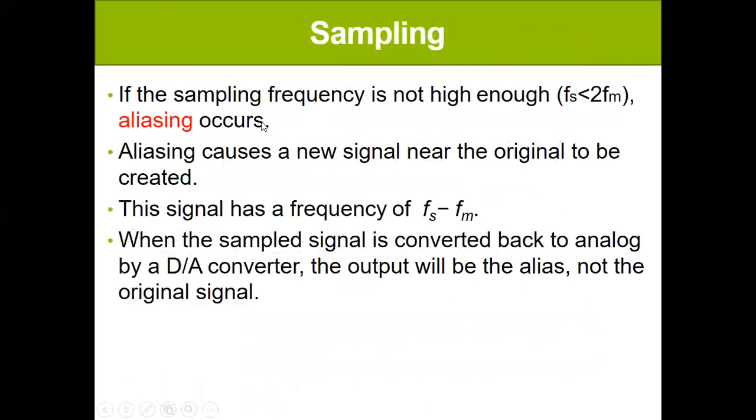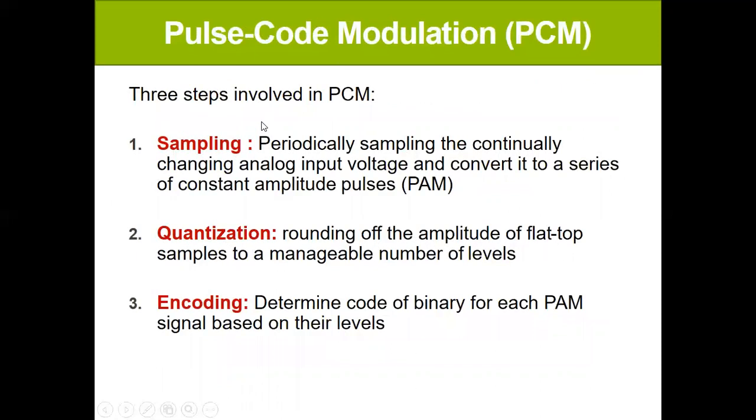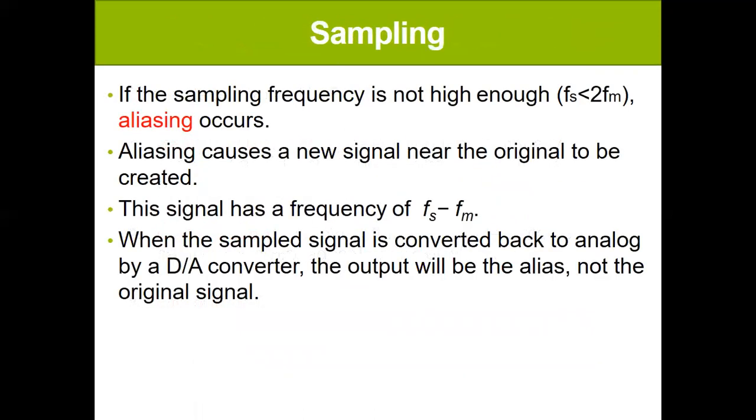So for the sampling, there are three stages: sampling, quantization, encoding. We already discussed in previous lessons that sampling should follow the Nyquist theorem, where Fs should be greater than or equal to 2Fm. Fm is the highest information signal frequency. But in case the sample is taken less, with few samples, there will be aliasing.